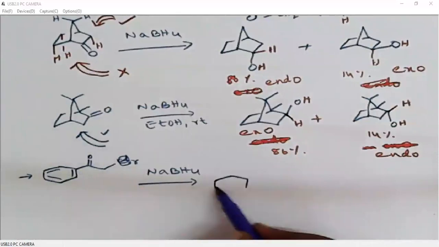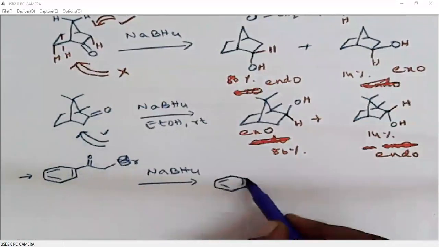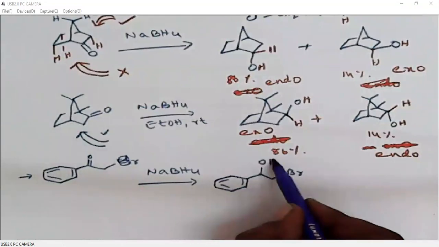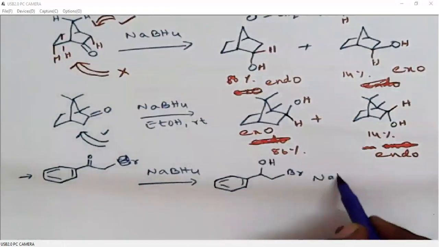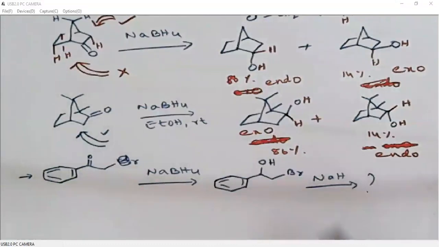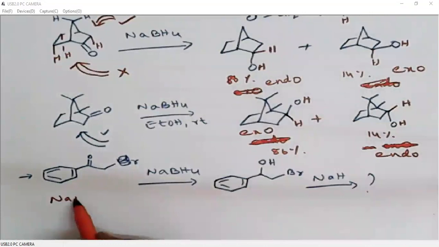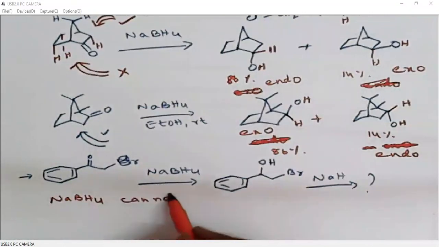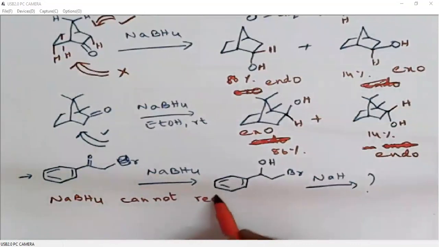So what it will give us is an alcohol. So what is the product if we treat this with sodium hydride? We can say NaBH4 cannot reduce alkyl halides.